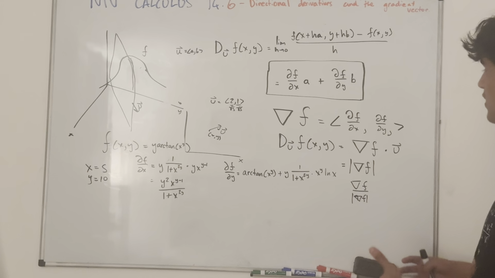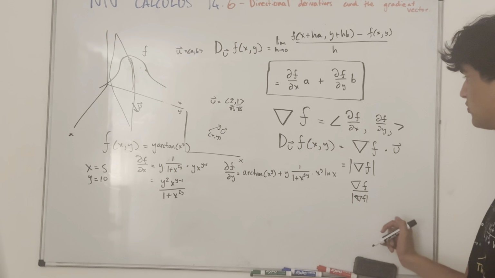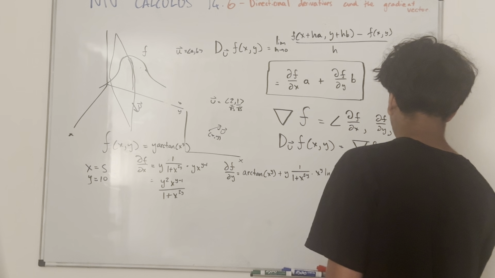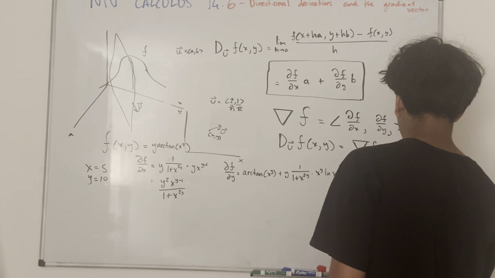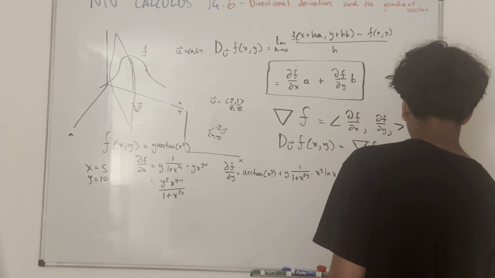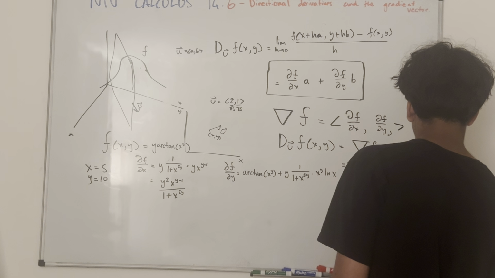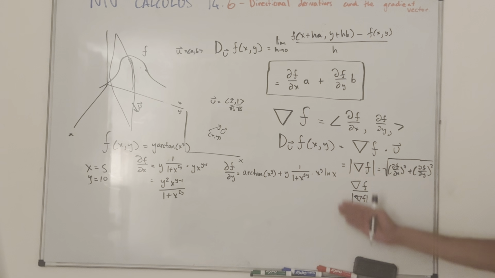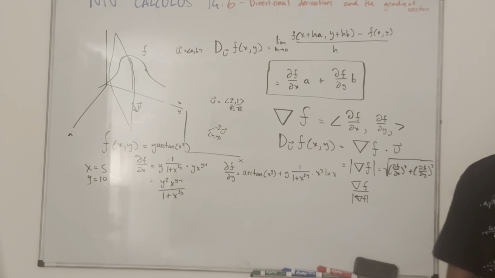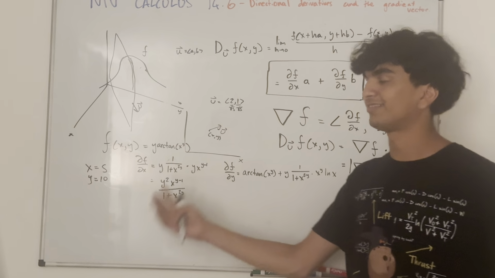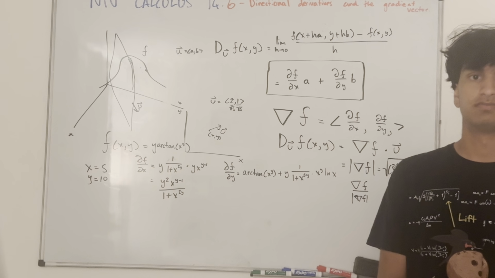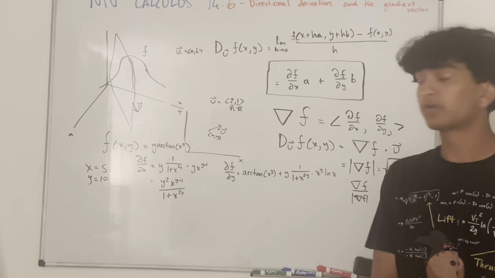And then I just need to find the magnitude, right? So the magnitude of the gradient of f would just end up being the square root of partial f partial x squared plus partial f partial y squared. And I would find the magnitude, and then I could find the direction by dividing the original vector. So honestly, kind of nasty problem, but hopefully you get an idea of the gradient and the vector.